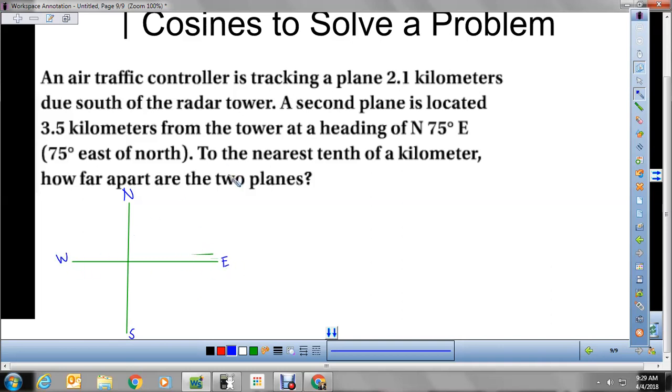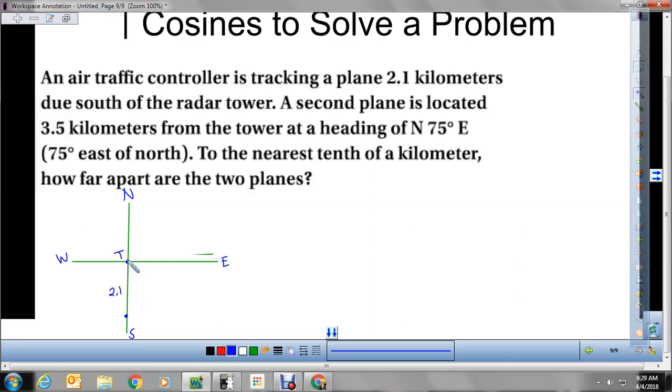We have an air traffic control tower, and we're going to leave that here at the origin. This is the tower. Now, the first plane is 2.1 kilometers due south of the tower. So due south will become straight down here, 2.1 kilometers. So this distance is going to be 2.1.